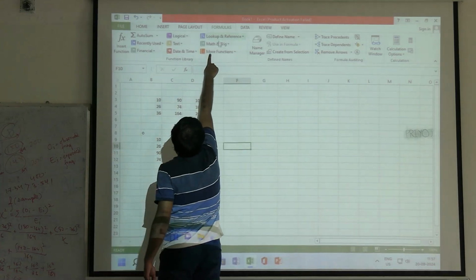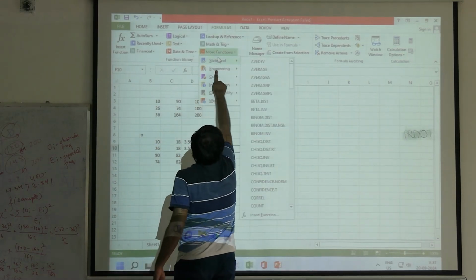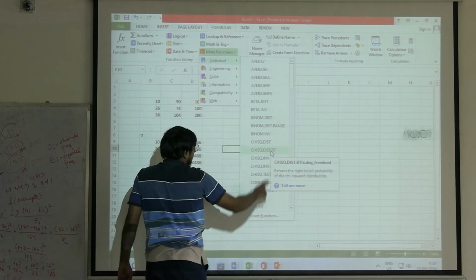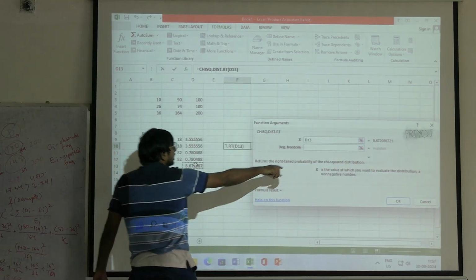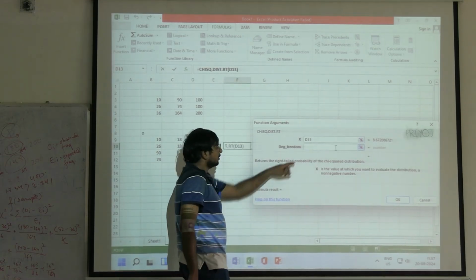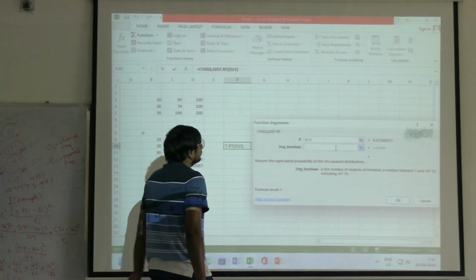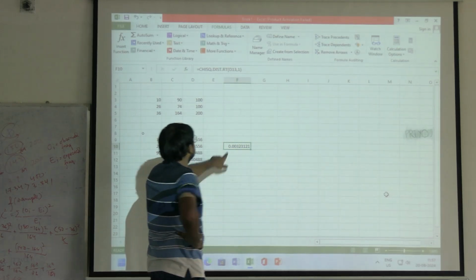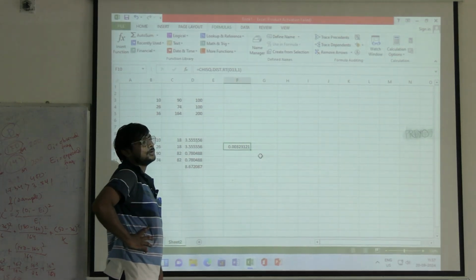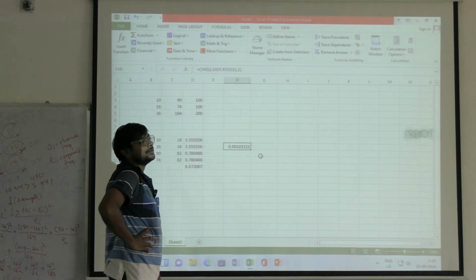Now click on formulas, more functions, statistical, chi-square right tail, this value here. What are the degrees of freedom here? 1. Just put 1. What is this? Less than 0.05, so what can we conclude?